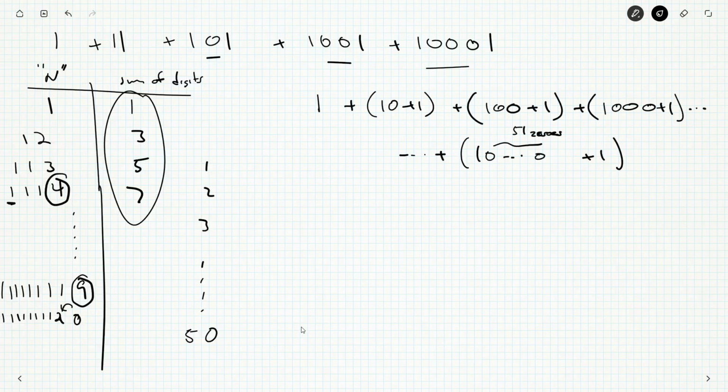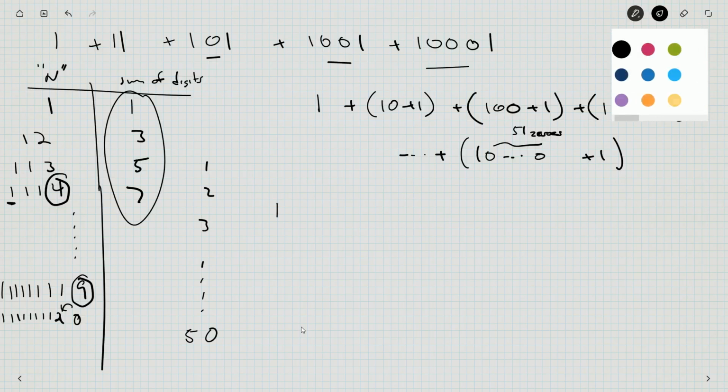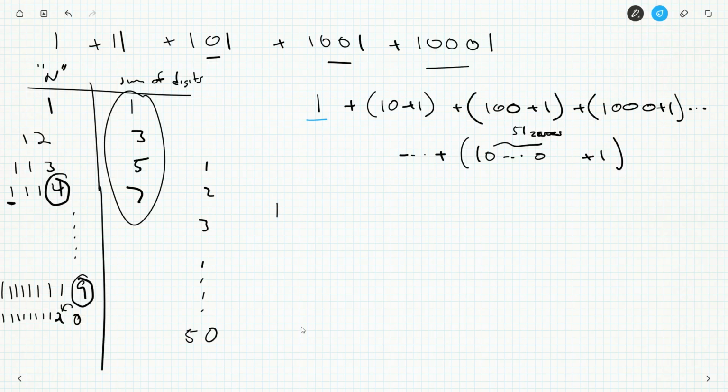Because when we collect it this way, taking the blue things that I'm underlining all together, each one will put a 1, and we'll get 52 ones. Whatever that number is called. So just 52 ones in a row.